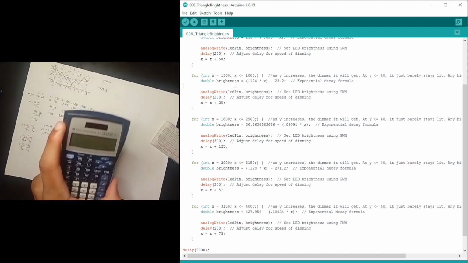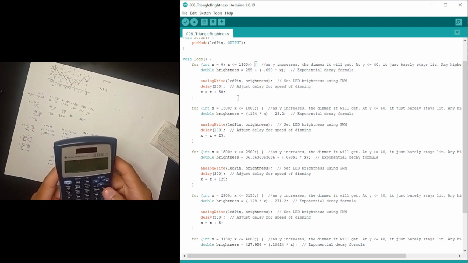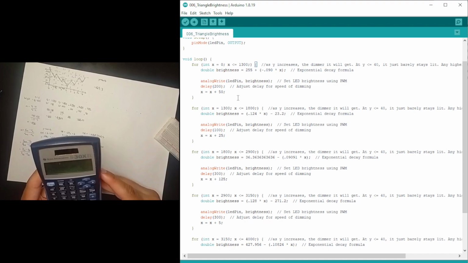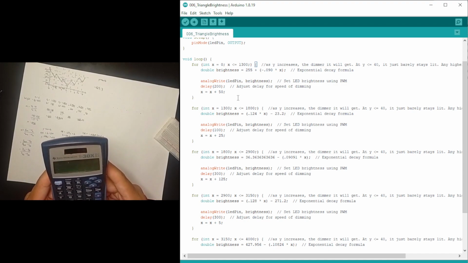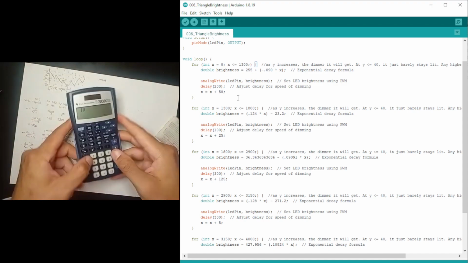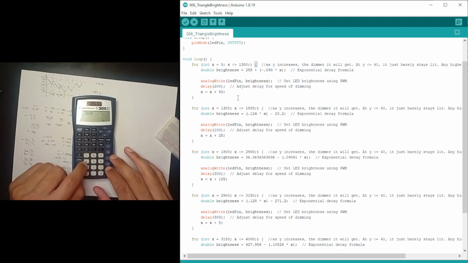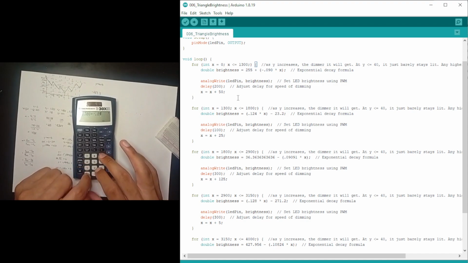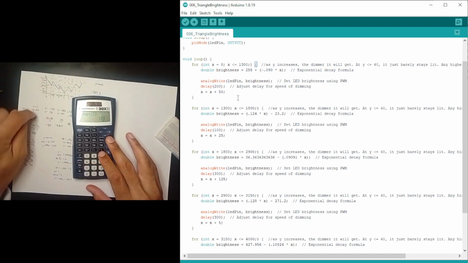Okay, let's go from the very top then. If x equals 1,300 times negative 0.09 plus 255 equals 138, the first bump.